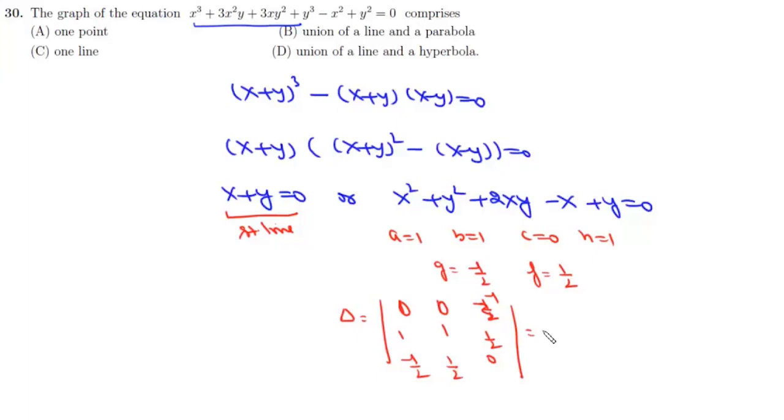So this determinant will be minus 1 into 1, which is unequal to 0. So this equation doesn't represent a pair of straight lines. Now when it doesn't represent a pair of straight lines, we'll find h square, which is 1, and it is equal to ab. If h square is equal to ab, this equation represents a parabola. So the graph of this equation comprises a line and a parabola, and that's your option B.